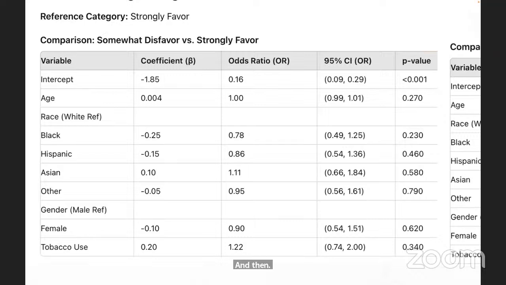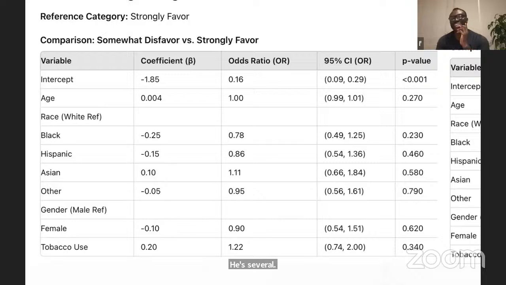I said compared to the whites, blacks have 0.78 odds of reporting strongly favored compared to somewhat disfavored and strongly disfavored. Sorry. Yeah, that completely confused us.